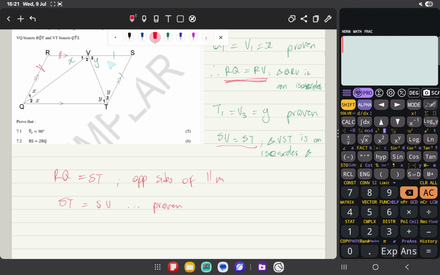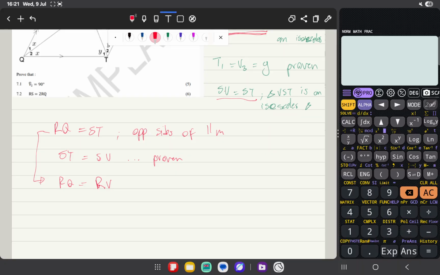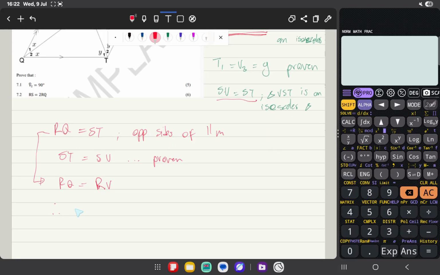This equals this, and this equals this. And then RQ equals RV, therefore RQ equals SV.